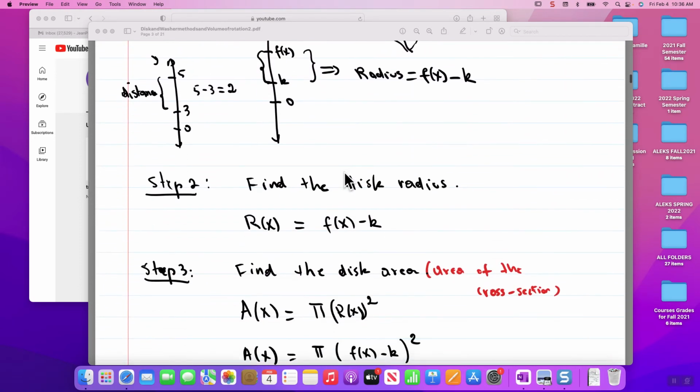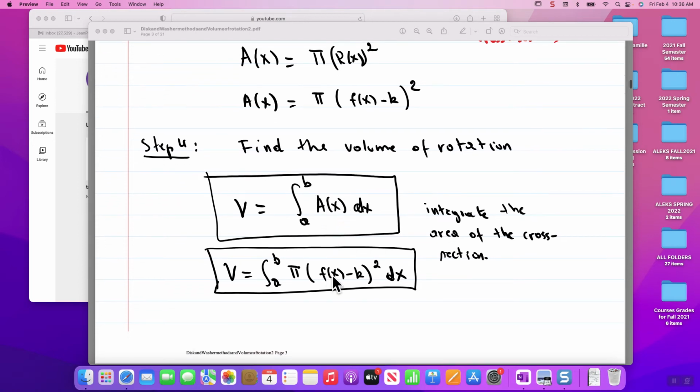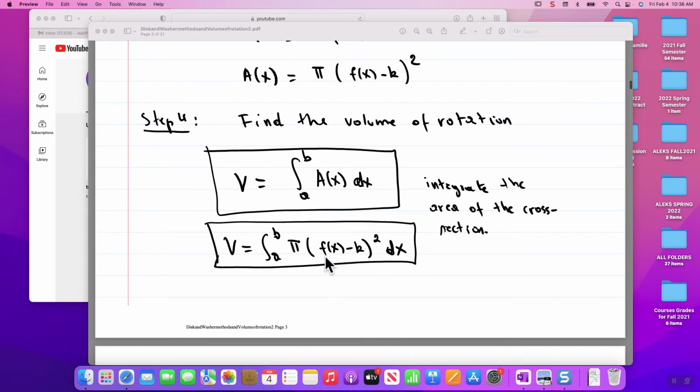So when we're integrating A of x, we're doing it with respect to the x variable. That brings us the lower limit a and the upper limit b. And then we replace A of x by pi times f of x minus k squared, so we get the volume of rotation.